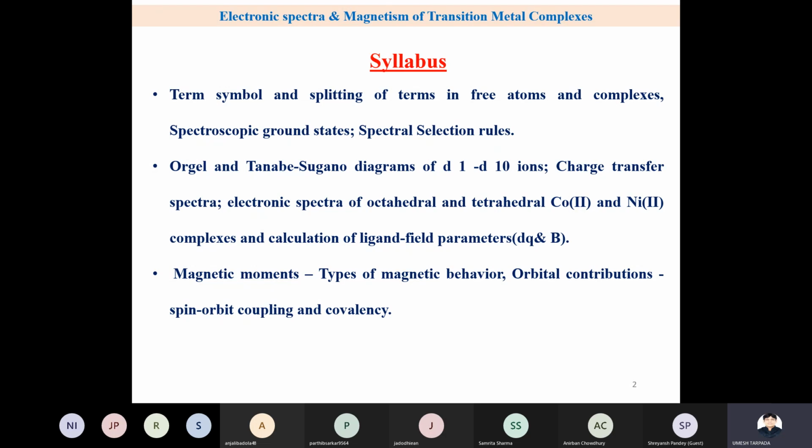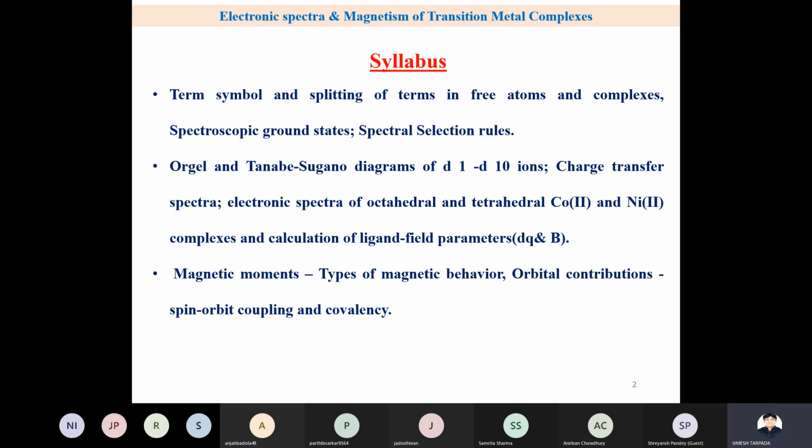Then calculation of Dq value, that topic we have also seen in the morning, and you can also have calculation of B, that is the repulsion parameter, and magnetic moment calculations for different types of complexes, and orbital contribution in spin orbit coupling and covalency. So these are the topics in this unit. Okay, so now we take it one by one.